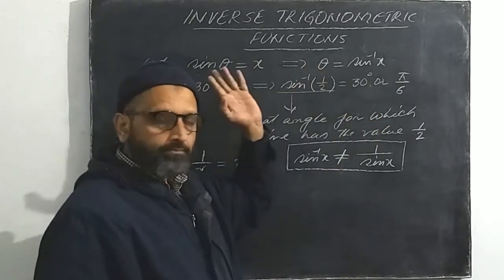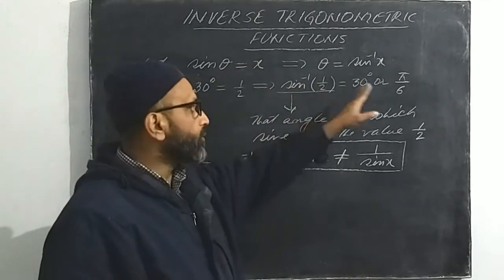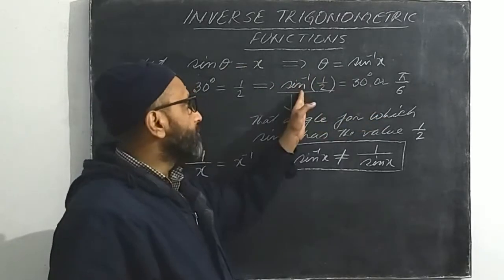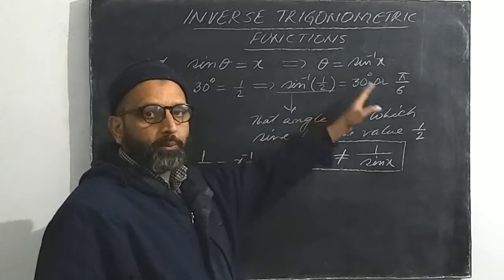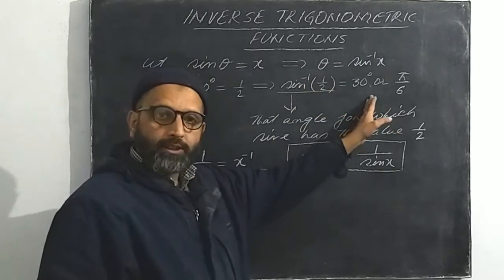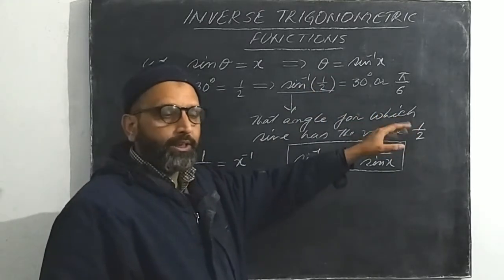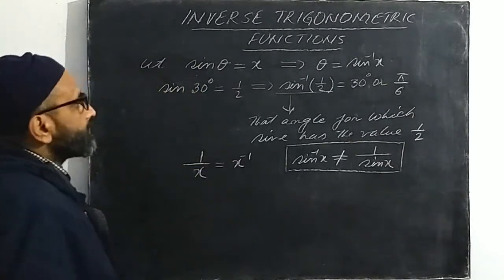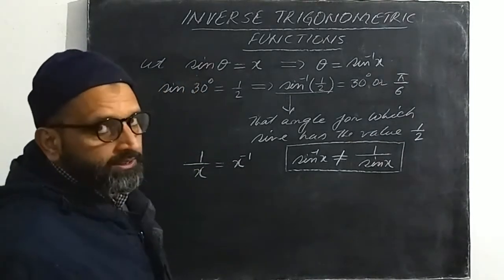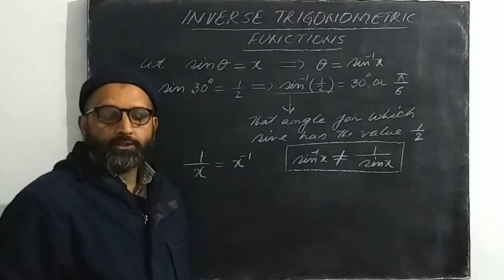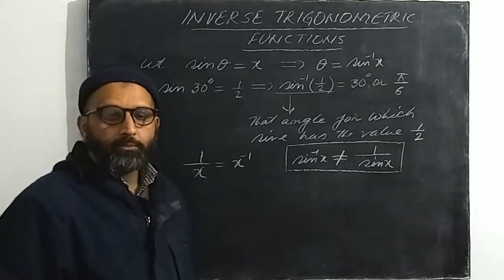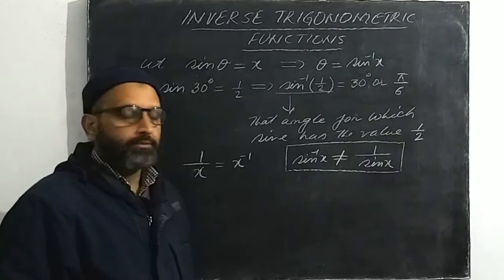That is, if sine inverse 1 is there, we will get 90 degrees. If sine inverse root 3 upon 2, then we will get 60 degrees or pi by 3. In the same way, cos inverse x is defined, tan inverse x is defined, sec inverse and cosec inverse. All these inverse trigonometric functions are defined in the same way.